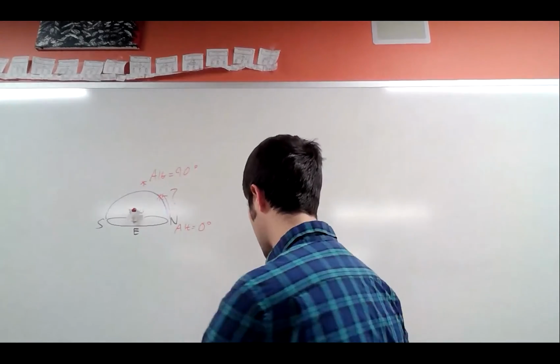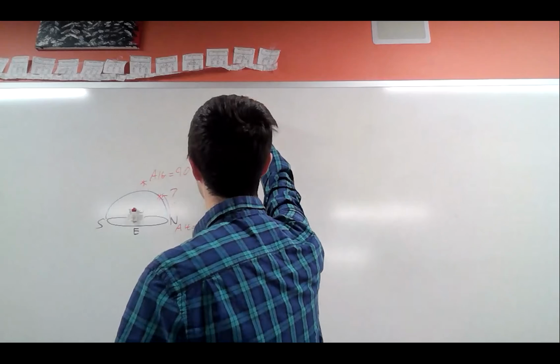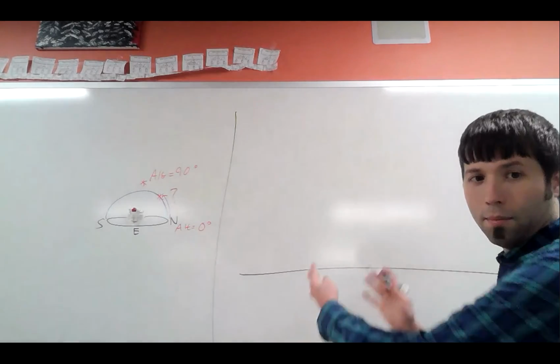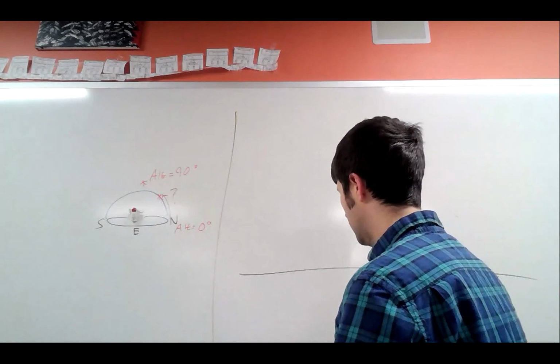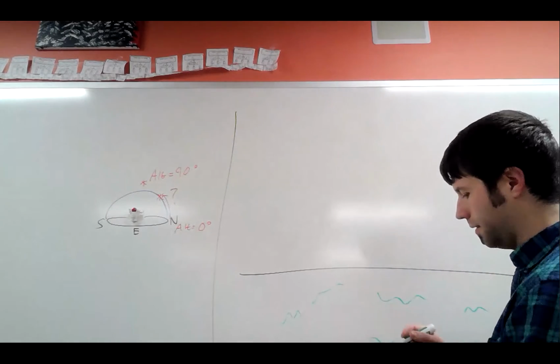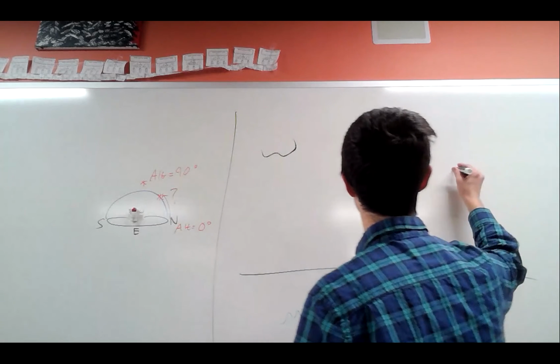So let's just say that I divide the board in two here. Here's my horizon. I'm looking out at the night sky. There's grass here, whatever. And up in the sky, I got some clouds.